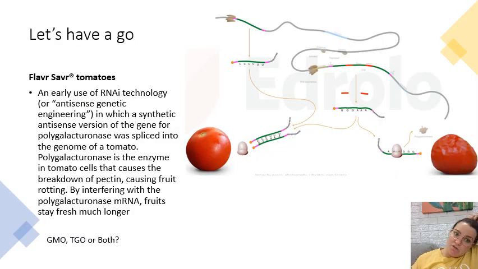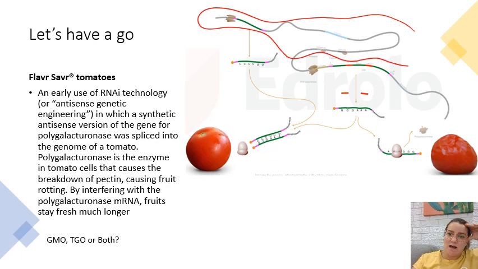Let's have another go. We've got Flavr Savr tomatoes. So this is a new situation which we need to get used to approaching. So an early use of RNAi technology, which is the type of RNA that interrupts synthesis of proteins. So if you have a look up here, this is a chromosome.